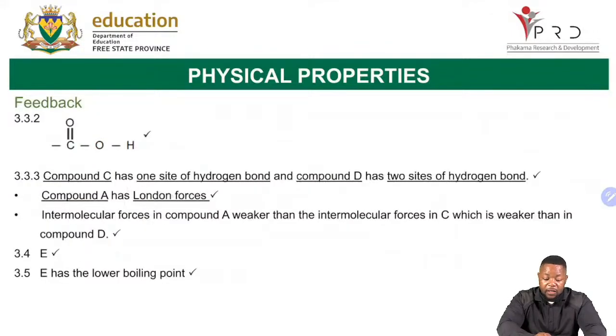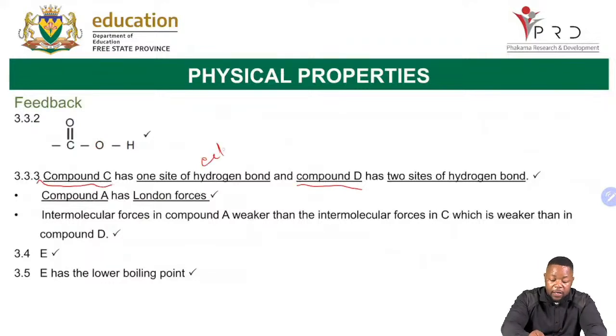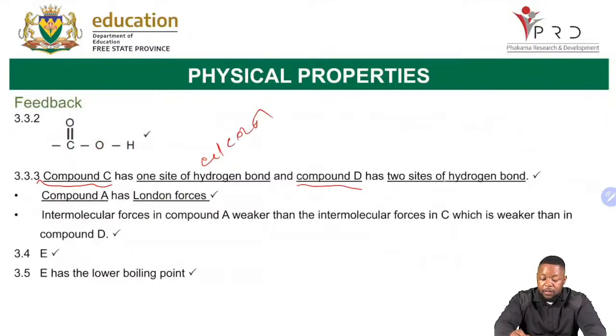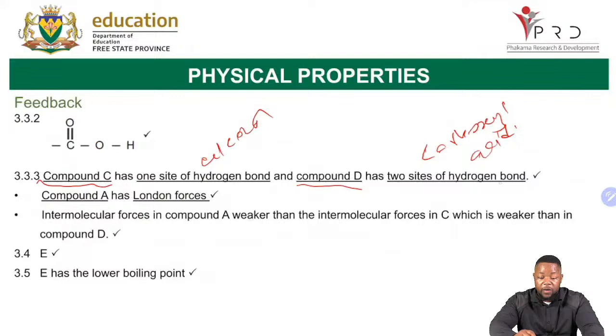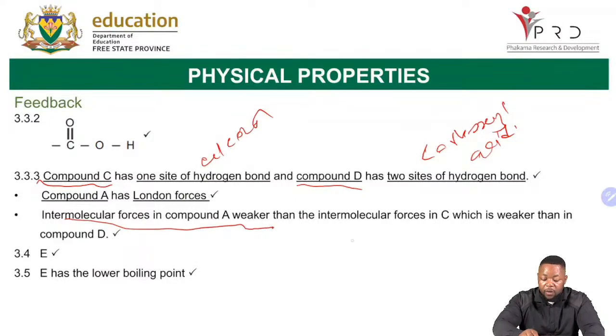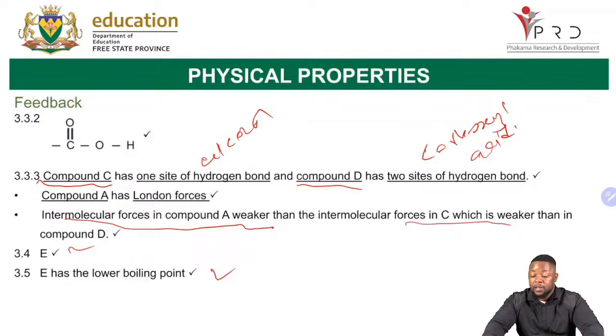Compound C has one site of hydrogen bonding because it's an alcohol, and compound D is a carboxylic acid, and because the carboxylic acid has two sites of hydrogen bonding, the intermolecular forces in compound A are weaker than the intermolecular forces in compound C. And then we did answer E, and then we did indicate that it has a lower boiling point.